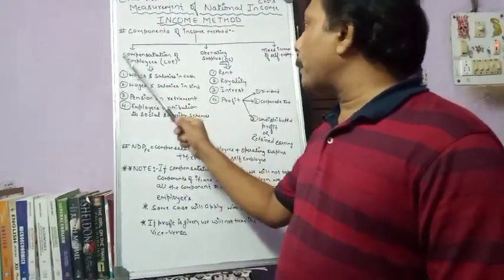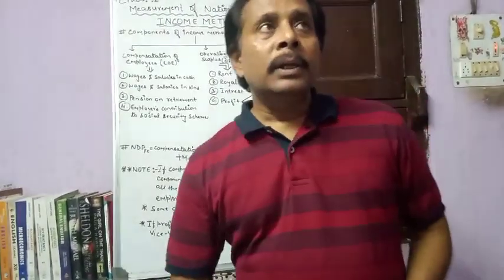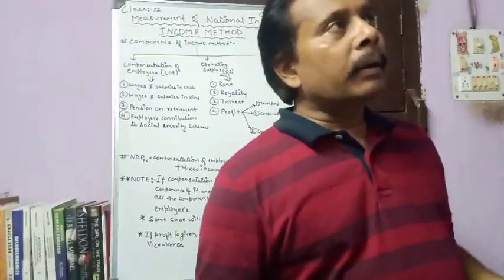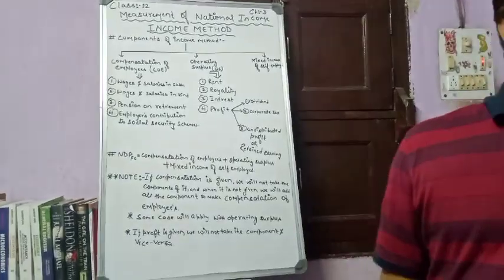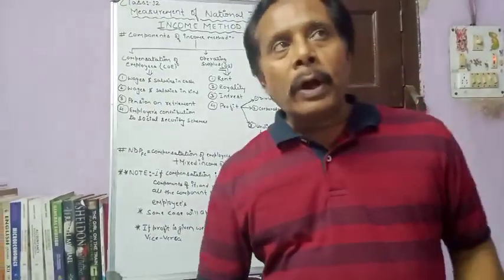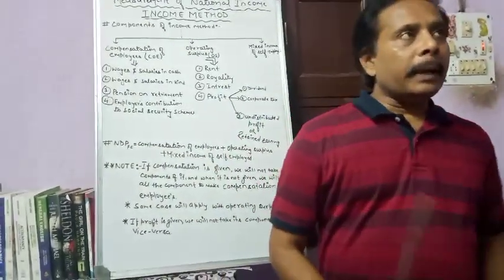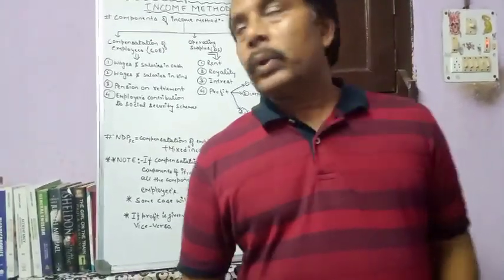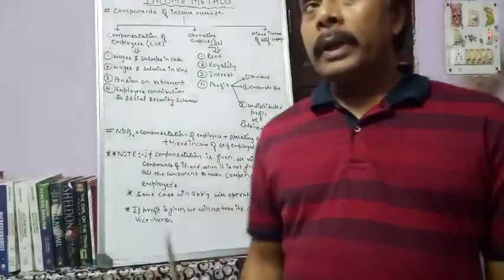So what is the compensation of employees? Every resident provides their work productivity to a firm, and the firm provides them a particular amount, and that amount is known as compensation of employees.